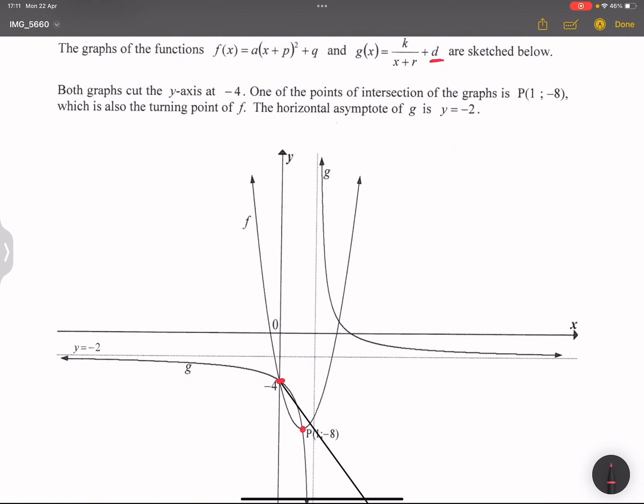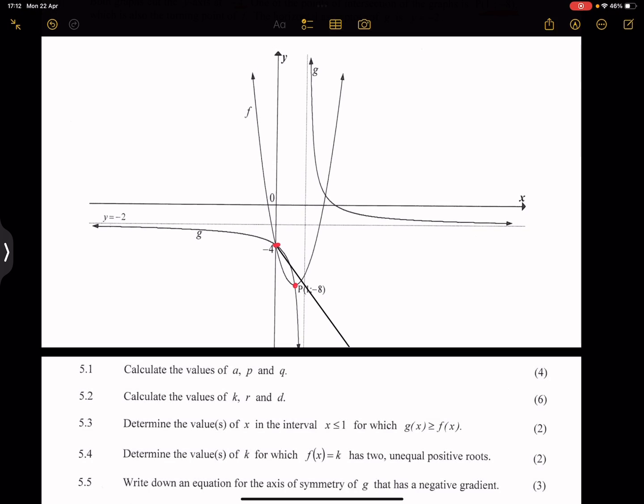Now remember, what do we know? We know that our hyperbola passes through the point P, which is 1 and -8, but we also know that it passes through the point 0 and -4. So those are the 2 points that we are going to use.